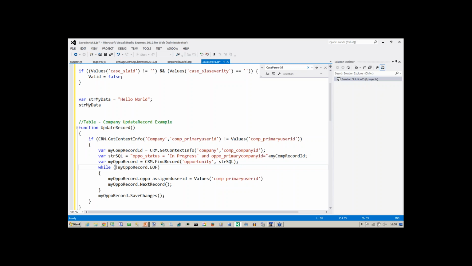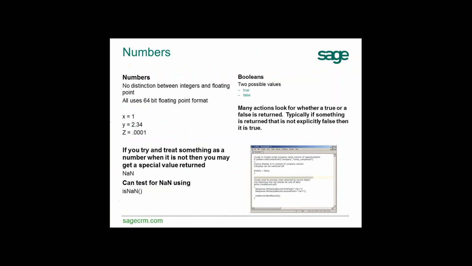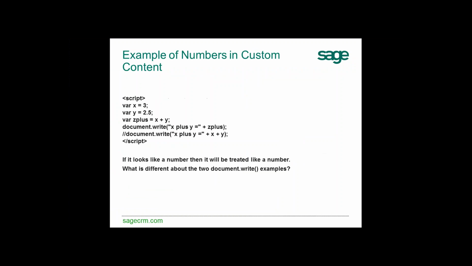So this is a not check, and basically it's using a Boolean type check, because if it's not this, then it's false, and so we can do the next bit of checking. We'll be meeting this little function again because of the use of the while statement there. But that's the idea of Booleans. Booleans are used implicitly mostly inside the examples that we use inside CRM.